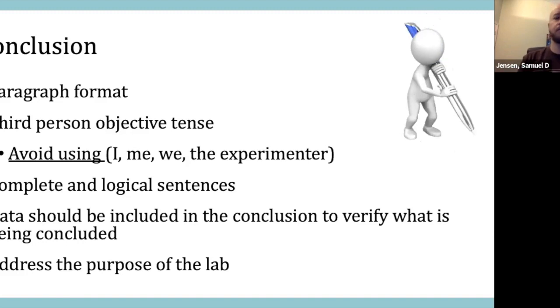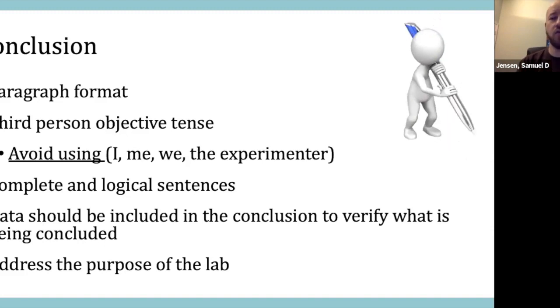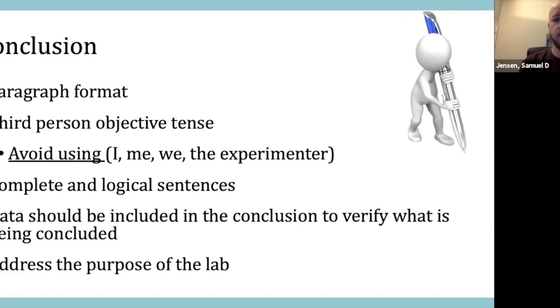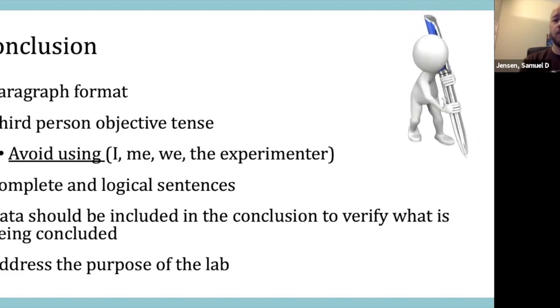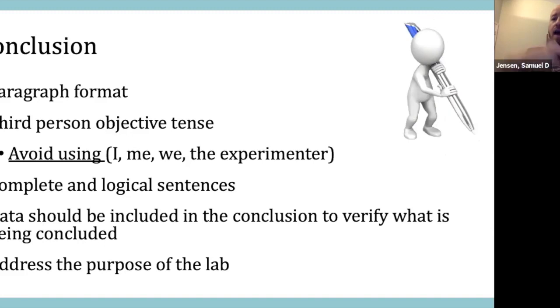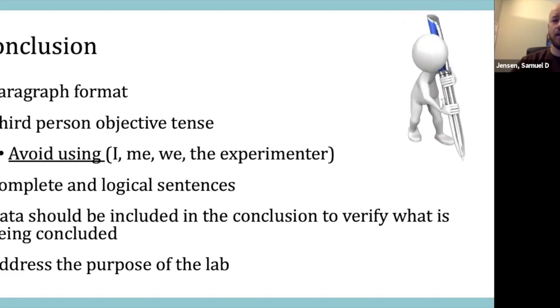Okay? So when we write for lab reports, generally the tense is third person objective, which means don't use I, me, we, us. Refer to yourself in the third person, okay? We're taking ourselves out of the writing, okay? It is not about how we feel about the experiment, what we did with the data, okay?